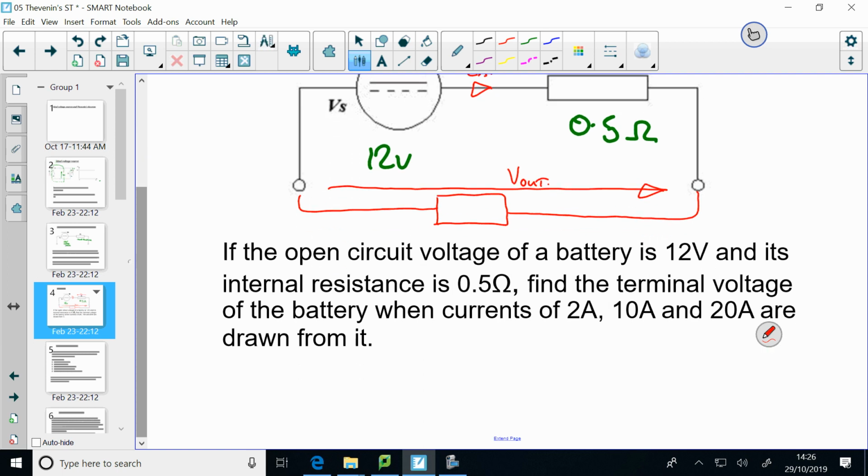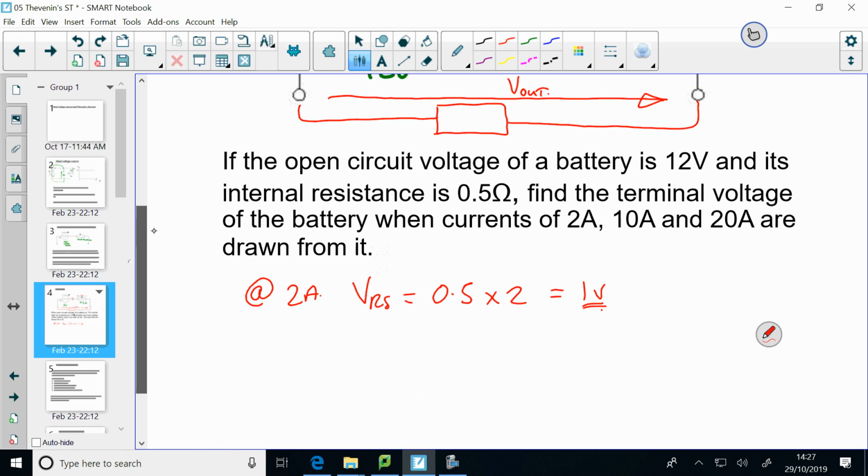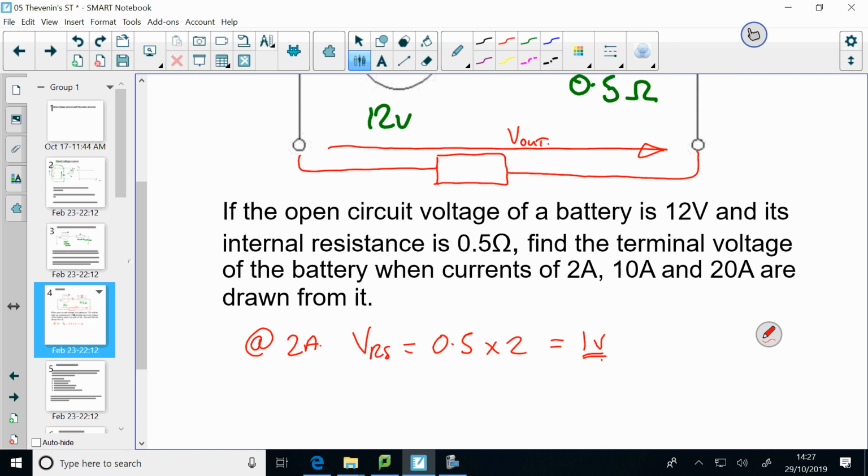So at 2 amps, VRS is equal to, how do I calculate that? 0.5 times 2, 1 volt. And what's giving me that answer? What law is it that will give me what the terminal voltage is now? Formally.